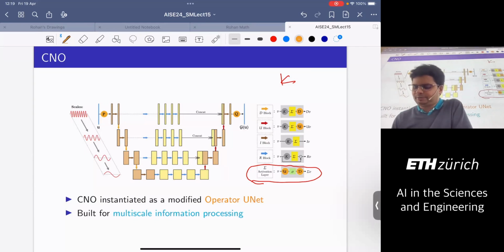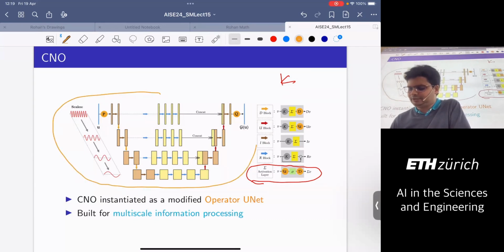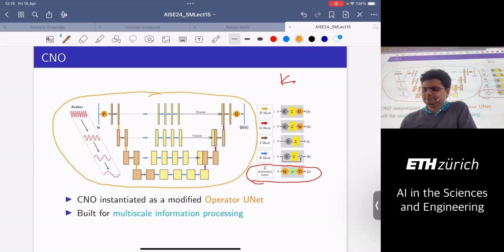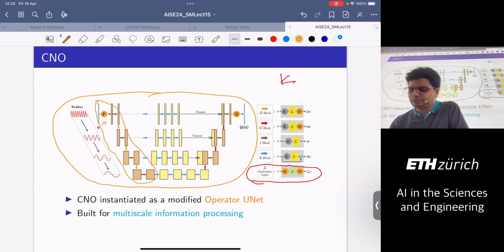And in practice, what we ended up with was an operator UNet, which had this sort of multi-scale information processing. So you took in information, lifted it, then reduced the resolution, increased the number of channels, and kept on doing that in this structure preserving manner in the encoder part. So this was roughly the encoder, and there's also a decoder, which is on the other side.